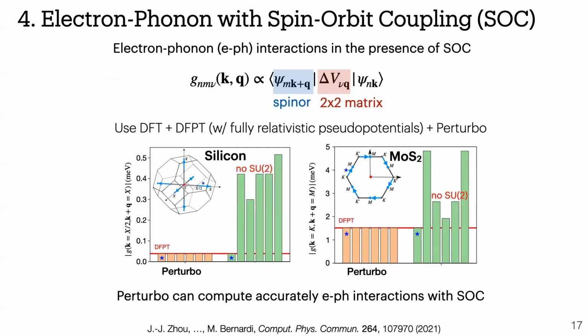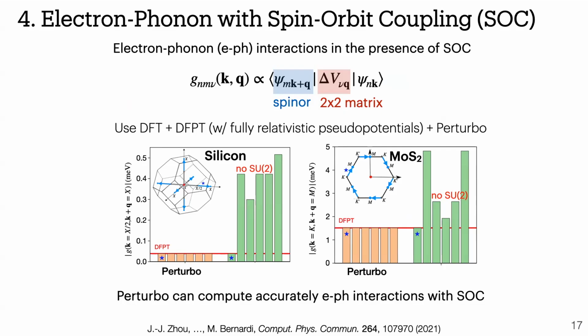Anyway, the other class of materials that you'd like to model is the ones that have strong spin-orbit coupling. There's many out there, but in density functional theory, one way to address that is to basically include the spin-orbit coupling in the pseudopotential by using fully relativistic pseudopotentials that take the spin-orbit coupling into account at the atomic level.